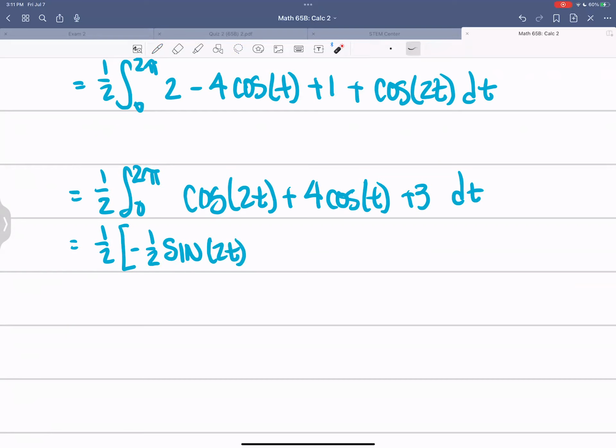So that way when we take the derivative, we should get right back to this. Minus 4 cosine t, I'm sorry, 4 sine t. No negatives. There we go. 4 sine t plus 3t, and we're evaluating that from 0 to 2 pi.